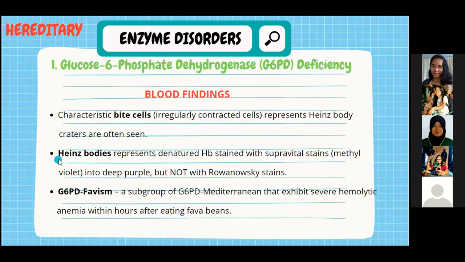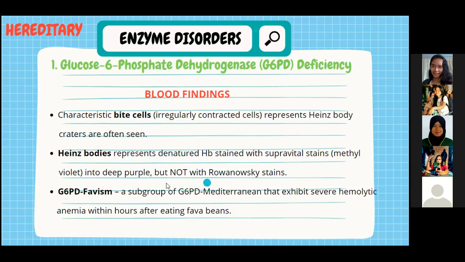And the next one is the Heinz bodies, which represent denatured Hb stained with supravital stain, methyl violet, into deep purple, but not with Romanowsky stain.